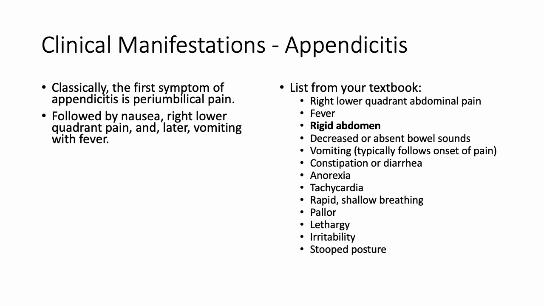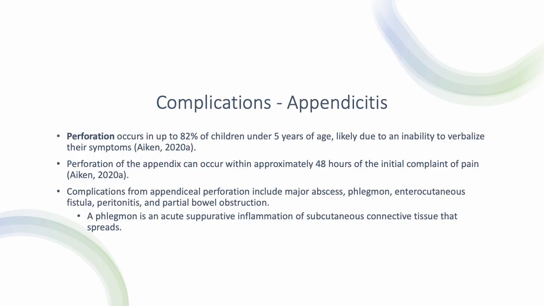If you have perforated appendicitis and it causes peritonitis, you may see a child with a rigid abdomen. The younger the child is, the more likely that they'll have perforated appendicitis because they can't tell us about their symptoms. A red flag for perforated appendicitis is the immediate relief of pain.